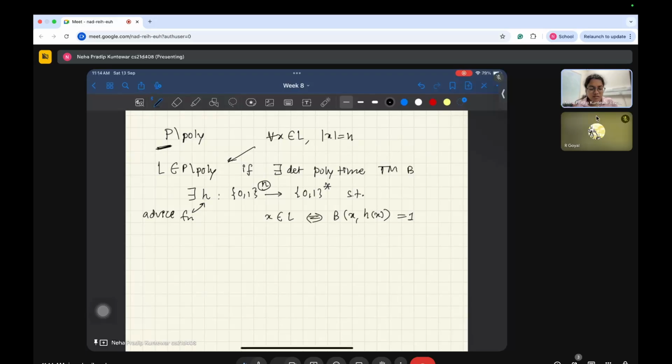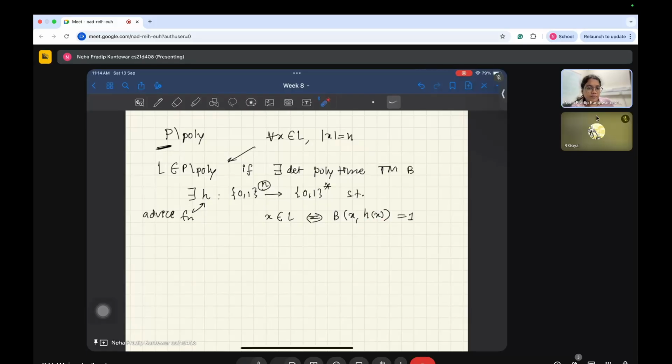So how is this different from p? When we have p, we basically don't have this advice function at all. We don't have this extra h of x here. We just have a decider b. Whenever x is in the language, b of x is 1. But now we have this extra advice, which is the same for the same input lengths. So for all inputs of length n, the advice is the same.